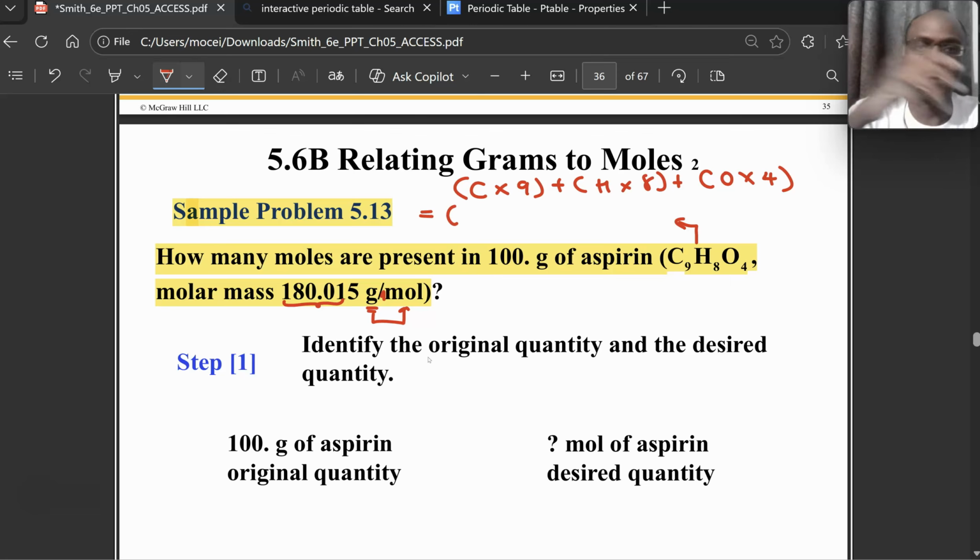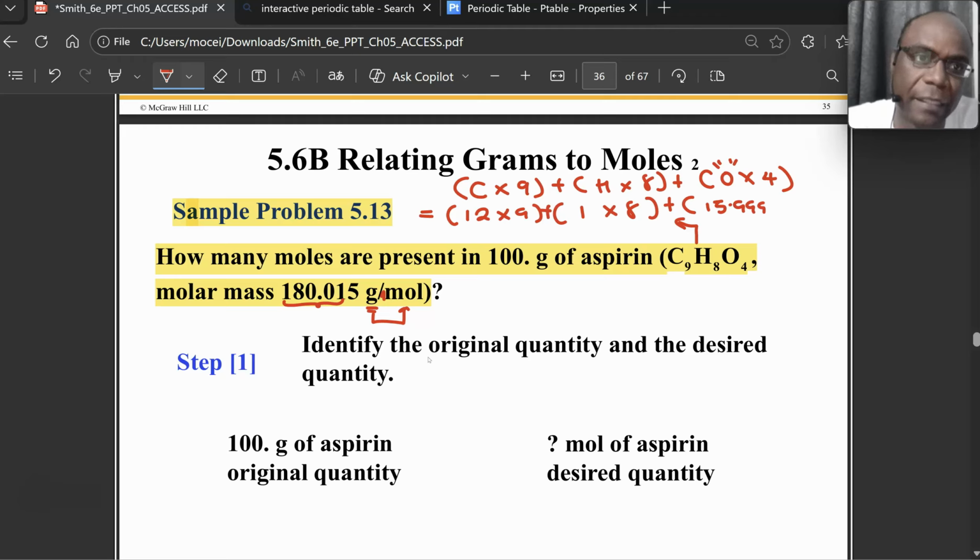So just by approximation, take carbon to have a mass of 12 times 9, and then take each hydrogen to have a mass of 1 times 8. That's from the periodic table. And then take each oxygen to be 15.999 times 4. Add them up.